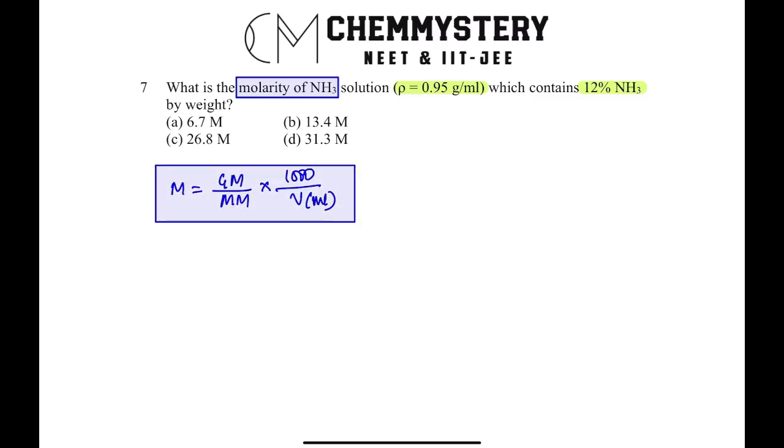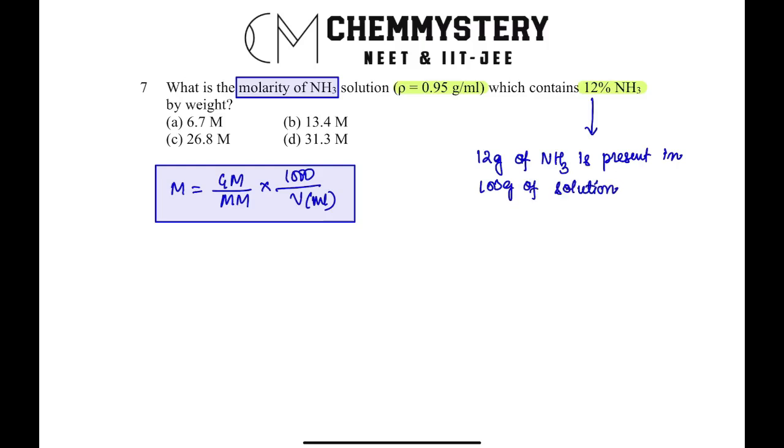Now given mass, we have to decode it from that 12%. What do you mean by 12% NH3 by weight? This means that 12 gram of the solute, that is NH3, is present in 100 gram of solution.